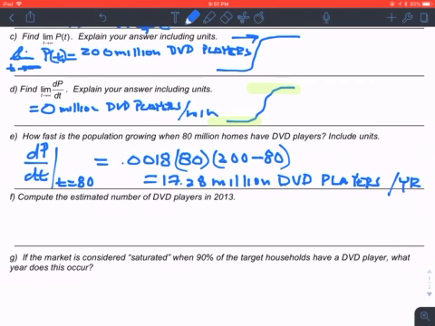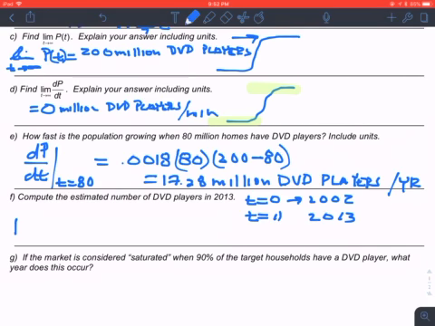Okay? And then F says compute the estimated number of DVD players in 2013. Well, we know that t equal to 0 corresponded to 2002, so 2013 corresponds to when t is equal to 11.